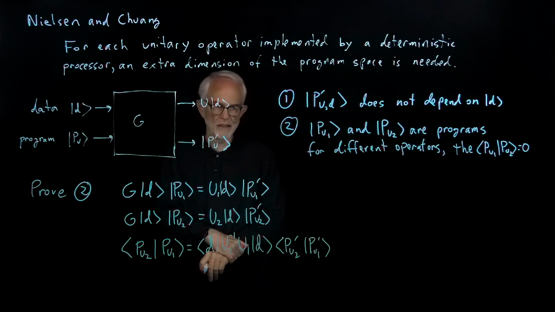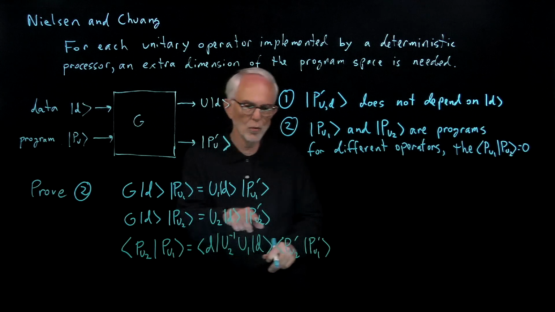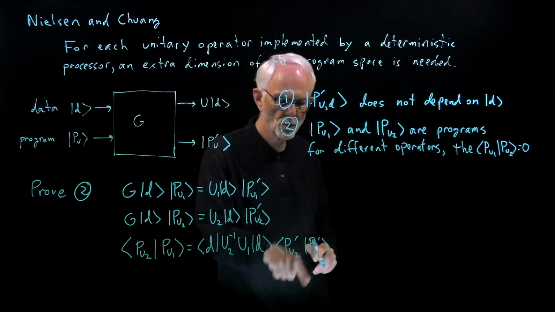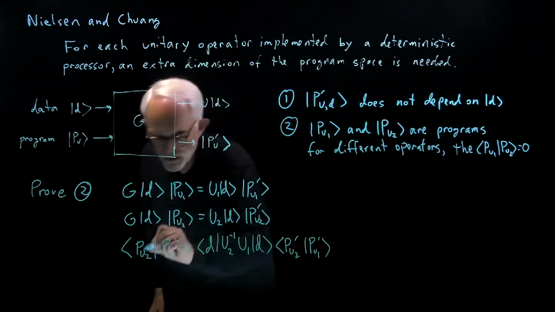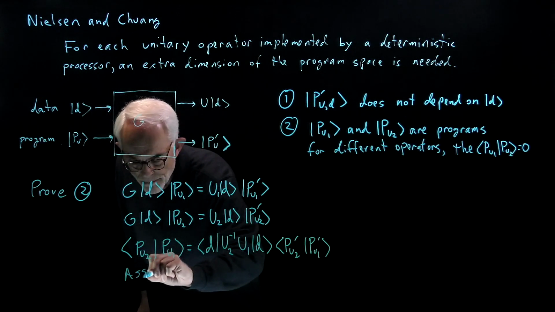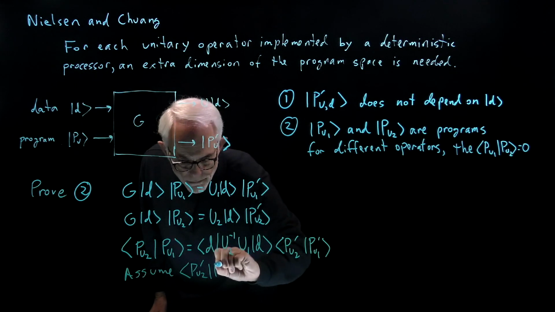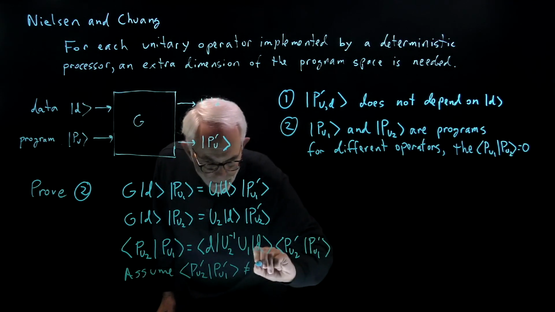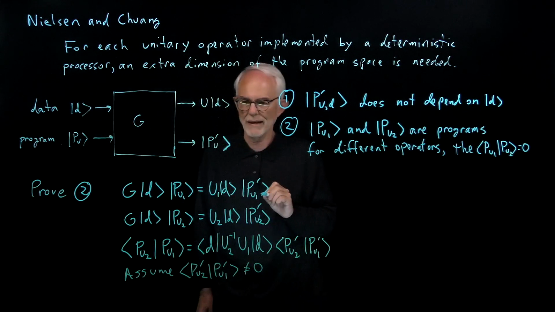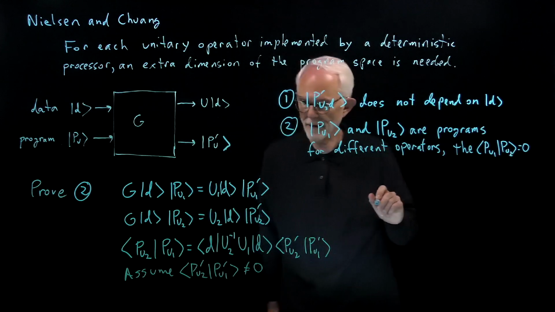Well, what does this tell us? So let's assume that P U2 prime, P U1 prime is not zero. So that means I can divide by it. So let's go ahead and do that.